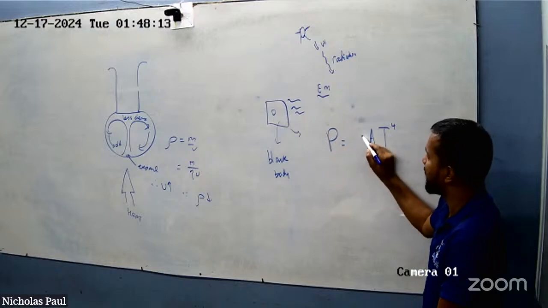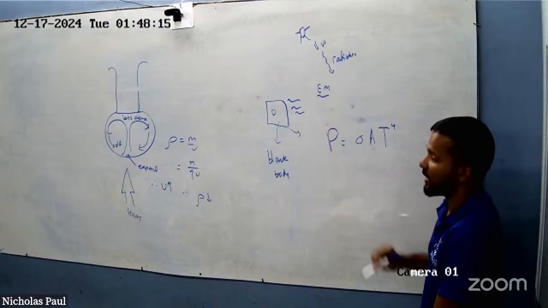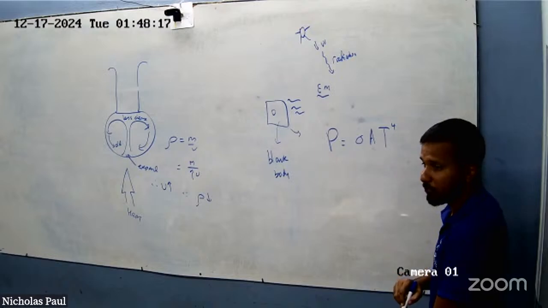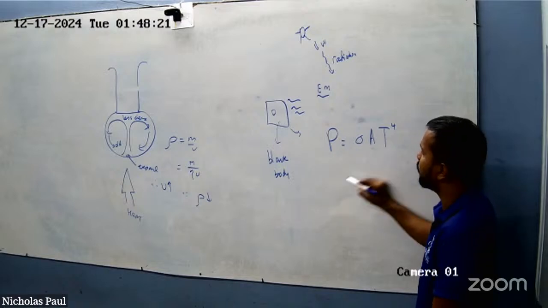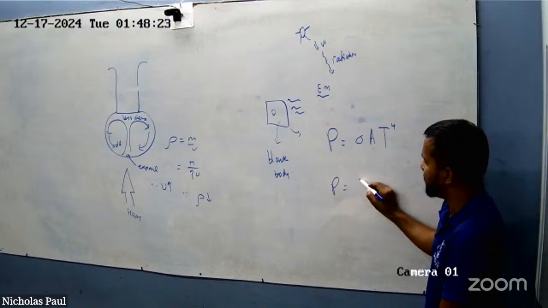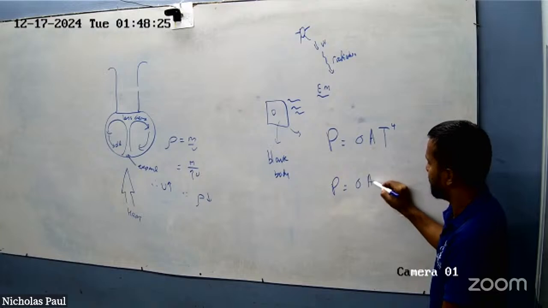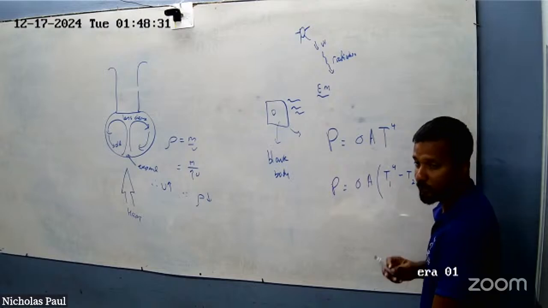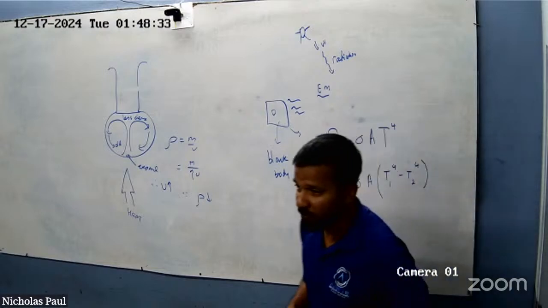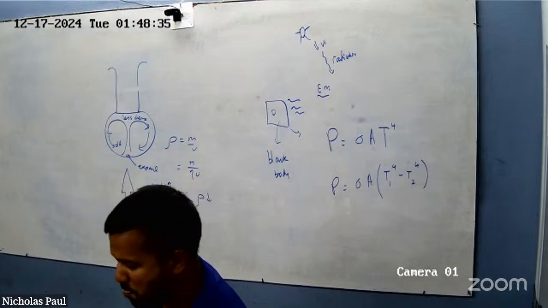And by a certain constant. If there's an interchange of temperatures from hot to cool, then we'll see this version of the formula: T1 to the fourth minus T2 to the fourth. That's okay? All right. Let's go to the handout.